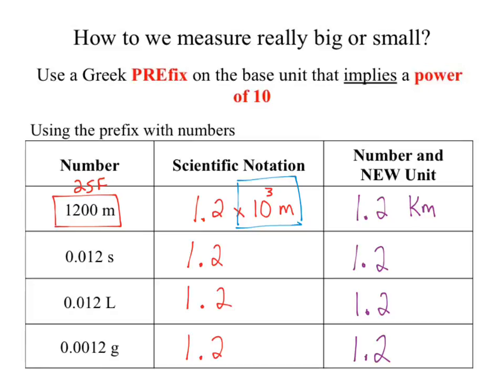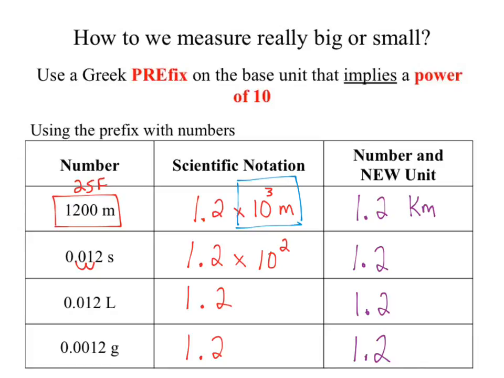So, then our numbers, 1.2 all the way through. Numbers came out the same all the way through. The only thing that's really changing is where we're shifting that decimal point and trying to come up with some interpretation with it. So if we move to the second one, 1.2 times 10 to the, we went 1, 2 places.